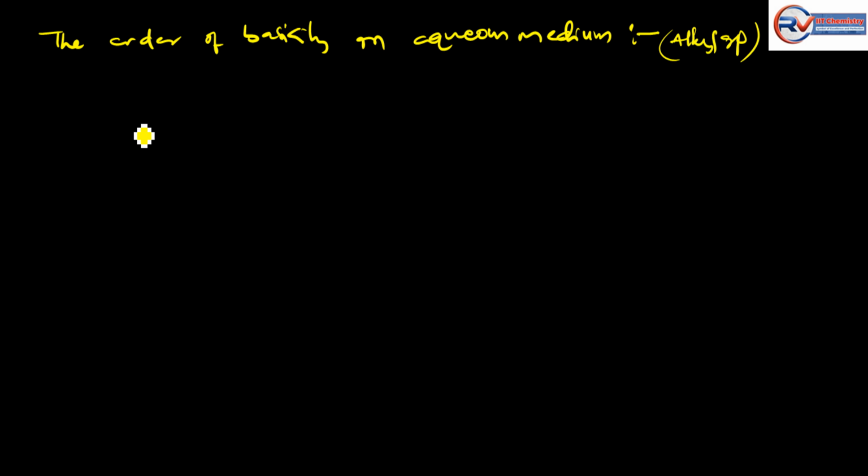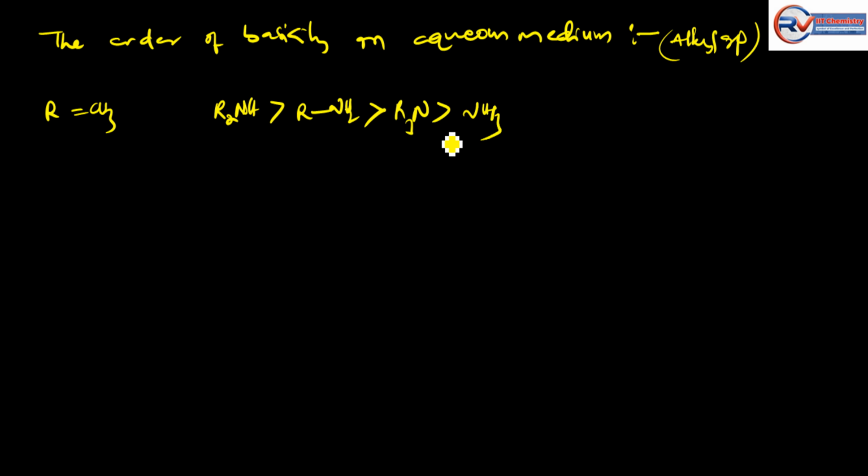For example, if R equals methyl, the secondary amine is greater than primary amine is greater than tertiary amine is greater than ammonia. This is the order. It is the most important.